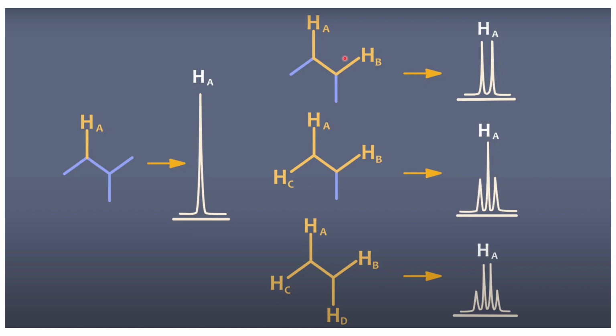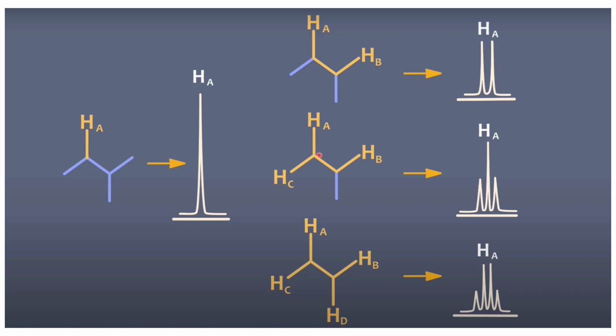For example, if a proton A has a neighbor proton B in a different electronic environment, proton A will be affected by its neighbor, and proton B will either be aligned up or down. Thus, proton A will be a doublet. Likewise, proton B will be split by proton A and it will be a doublet as well.